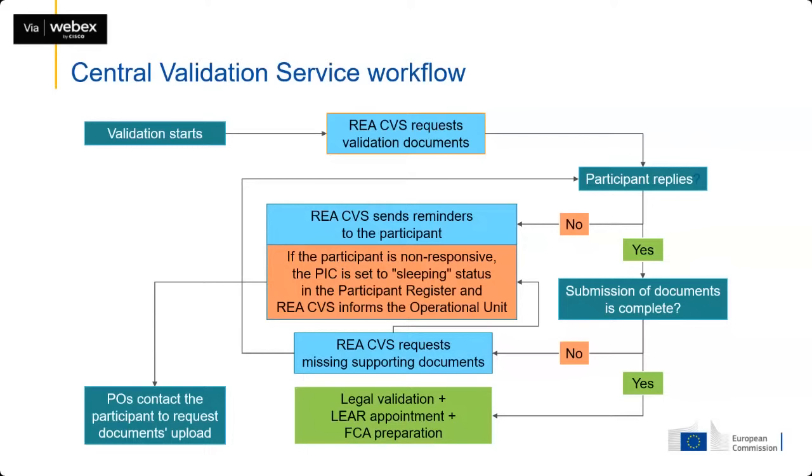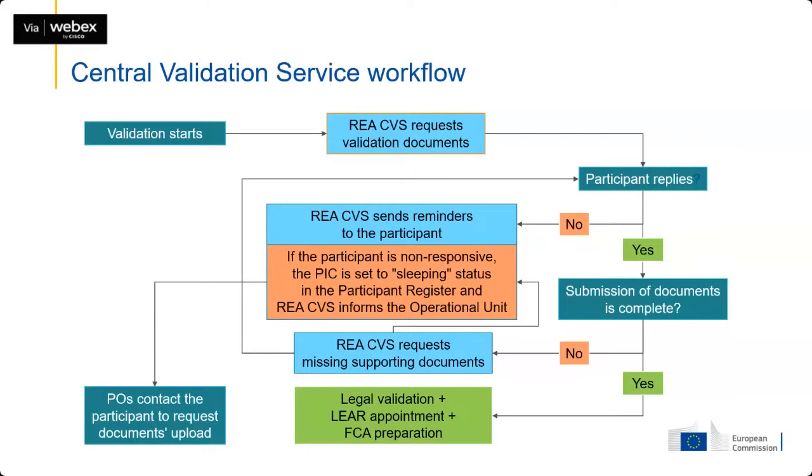In the second case, if we contact you and you reply or submit the requested documents, we will first have a look if these documents are enough for us to perform the legal validation, LEA appointment, or financial capacity assessment.